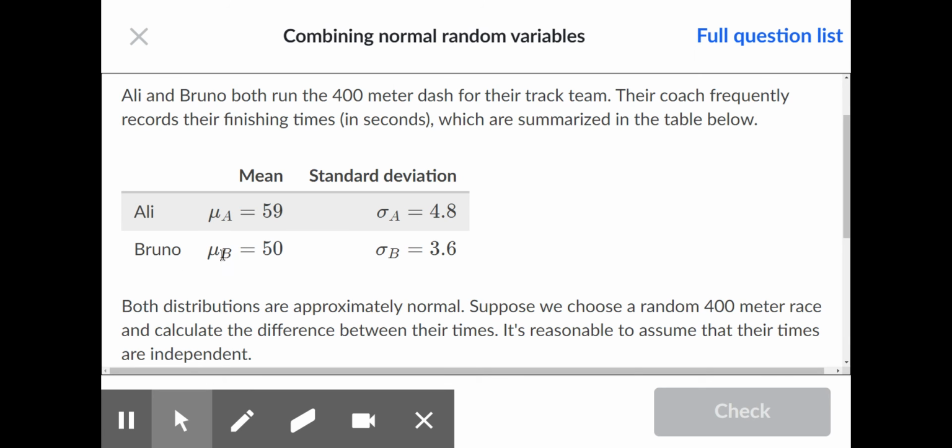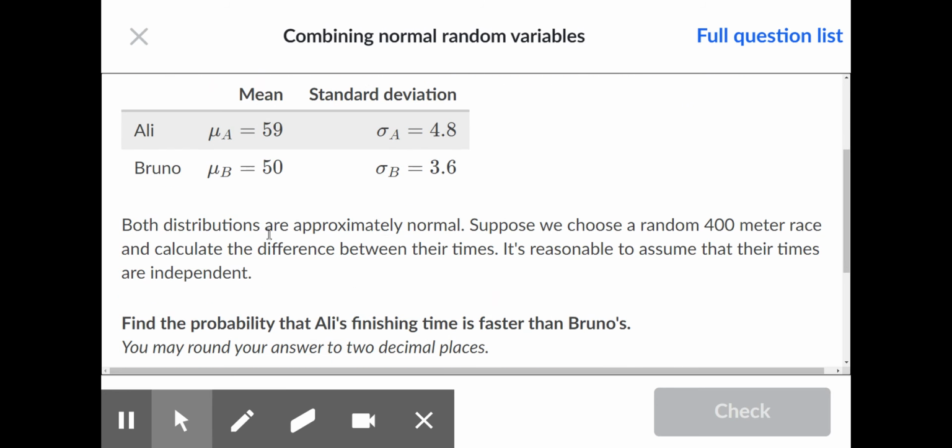Bruno is a random variable B, with mean 50 and standard deviation 3.6. Both distributions are approximately normal. That is important, because when we add, subtract, or combine those random variables, the final distribution will also be approximately normal.